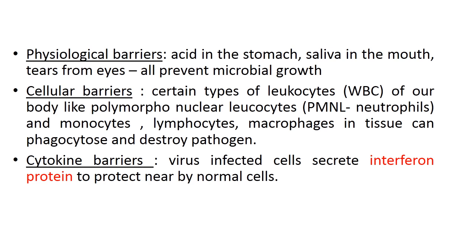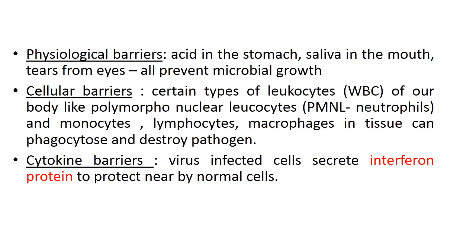What is the function of interferon? It will protect nearby healthy cells from further infection. That means it does not allow healthy cells to undergo further infection, so it gives protection to the nearby healthy cells from viral infection.